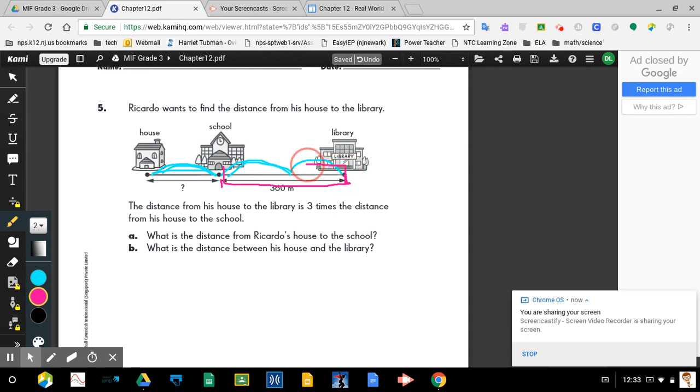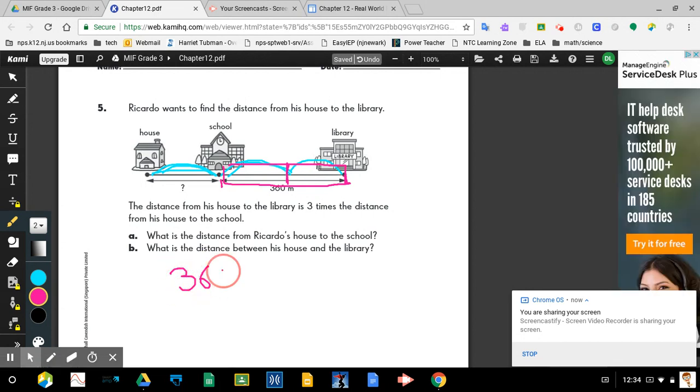If that's 360 and I am breaking that in half, I'm going to split it in half, or divide it by 2. So 360 divided by 2, I'm really taking 36 and breaking it in half, that's going to give me 180. So I know that each jump is 180 meters long, which means this jump over here is 180 meters long as well.